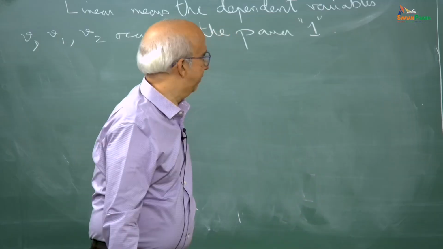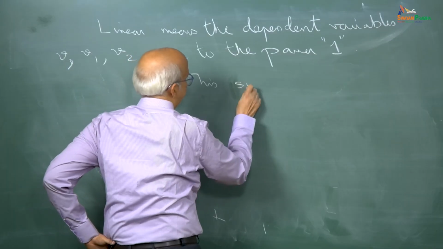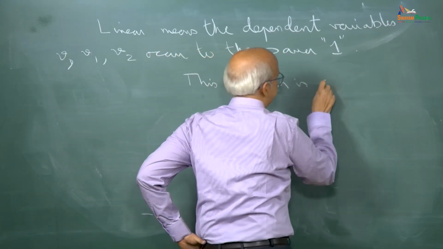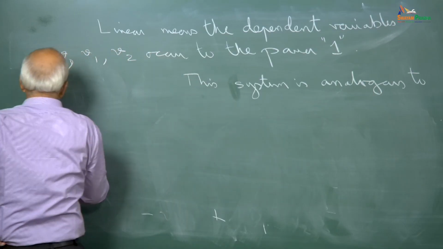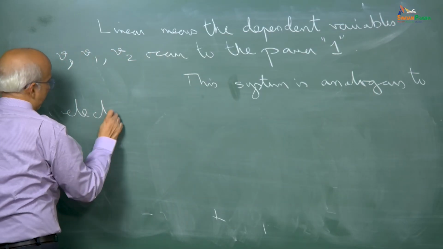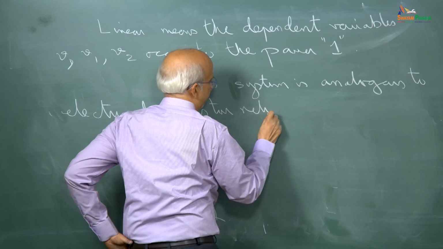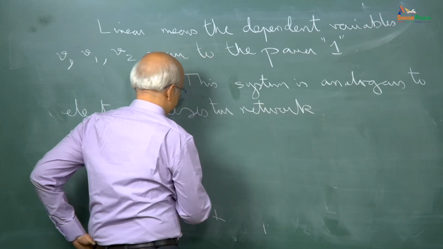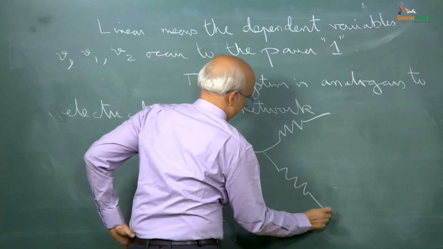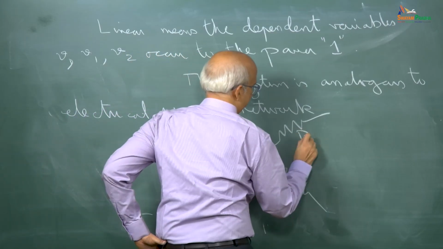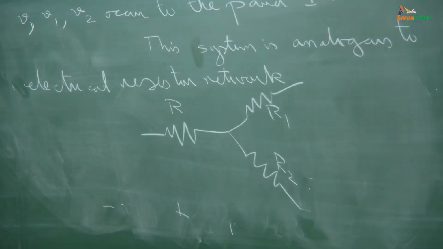Okay. So, for example, this system is analogous to the electrical resistor network. So, for example, okay, this is R, this is R1 and this is R2, and you must have done this sometime before.